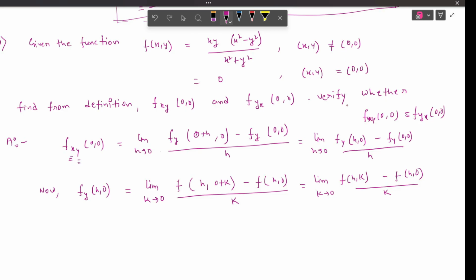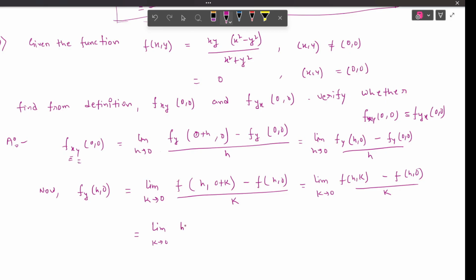Okay. So let's see. It will be limit k tending to 0, f(h, k). That means in place of x we have to write h, and in place of y we have to write k.